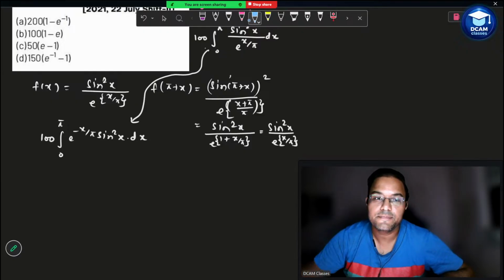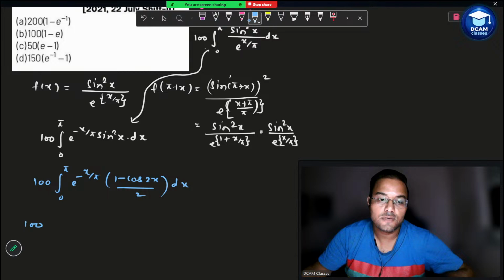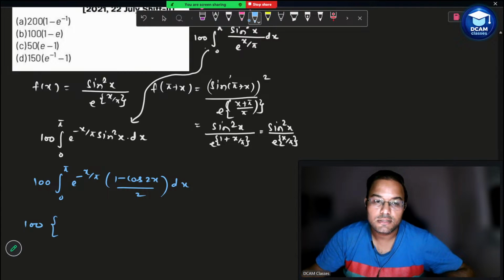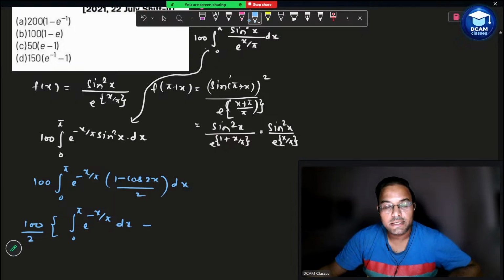Very good. 100 times the integral from 0 to pi of e power minus x by pi into 1 minus cos 2x by 2. So it would become 100 outside. Let's take pi by 2 outside. The integral from 0 to pi of e power minus x by pi dx, minus the integral from 0 to pi of e power minus x by pi cos 2x.